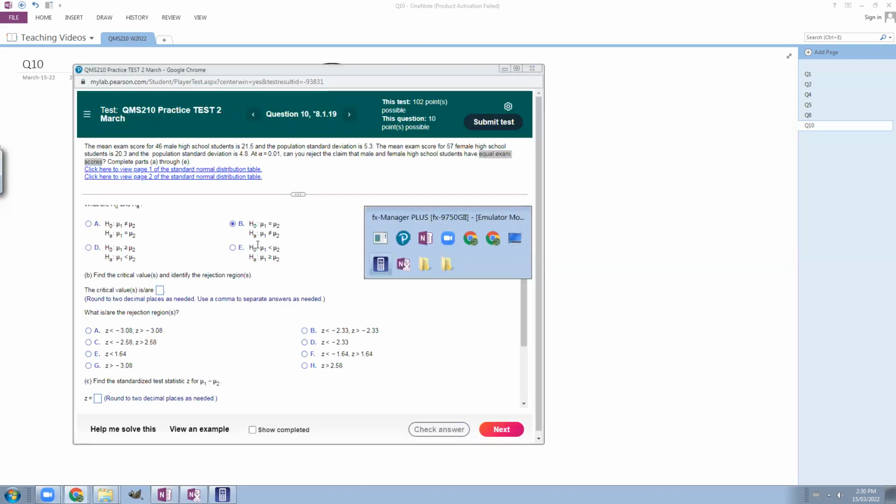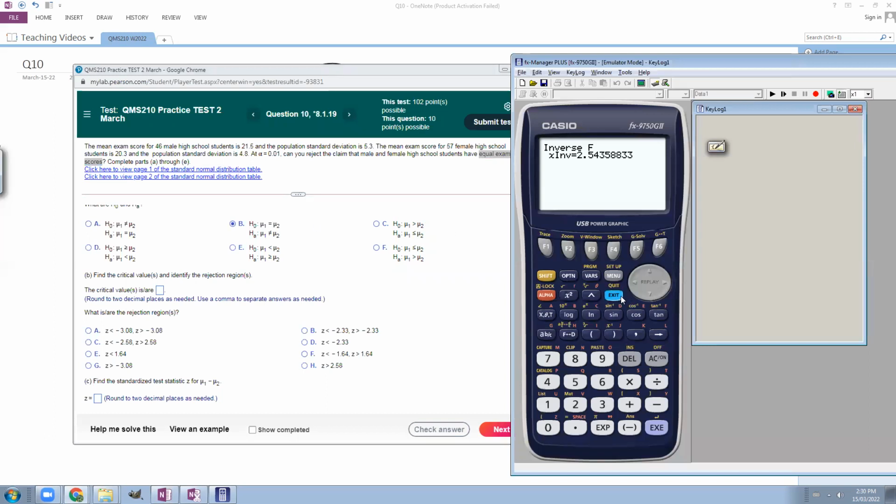So on the calculator, we go to distribution. Now this is a Z test, not a T test, because we have population standard deviations. So we're going to go normal inverse. We make sure our standard deviation is 1 and our mean is 0 because it's a Z. And then for tail, we have a couple of choices here. One choice is because we have alpha equals 0.01, we can do central 0.99.